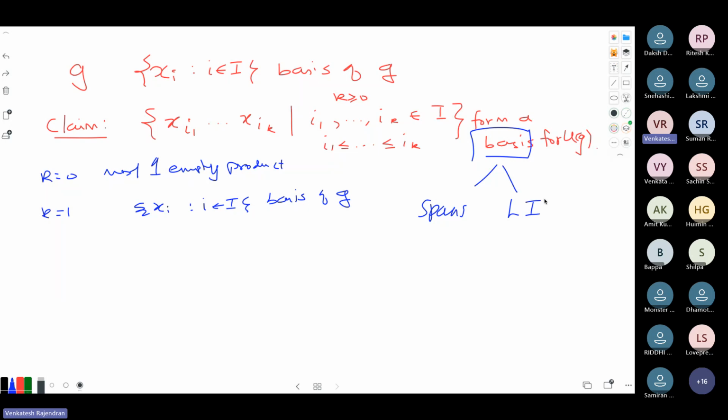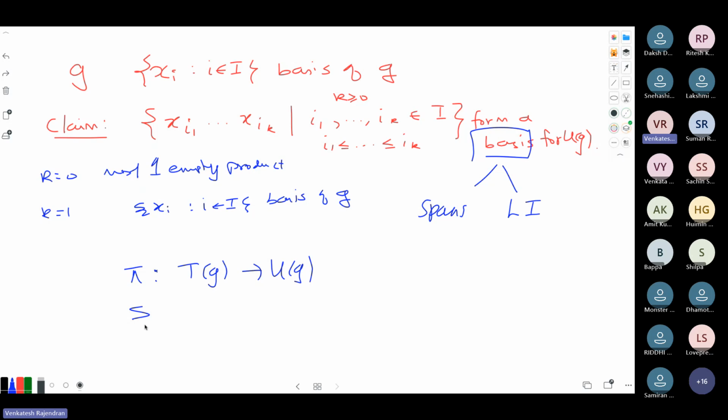You need to first see that you have a natural spanning set. From that, you start cutting down and then reach here. So there is this natural surjective map from Tg to Ug. And you already have a spanning set for Tg. If you take the basis of Tg and take the image of that, that will be a spanning set for Ug.